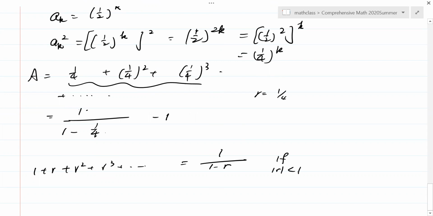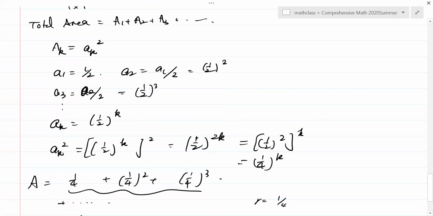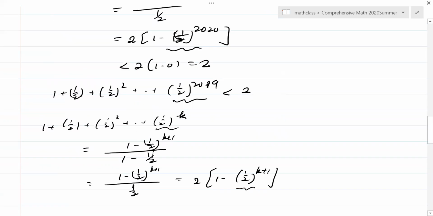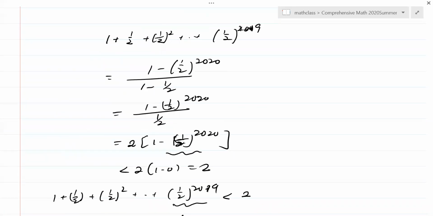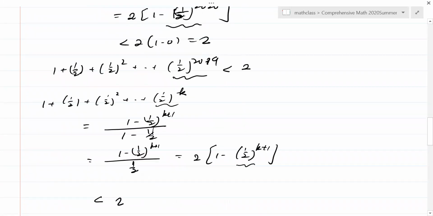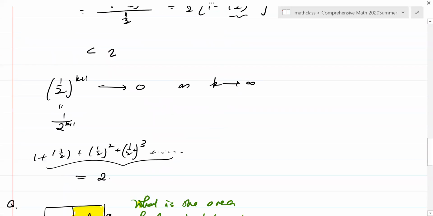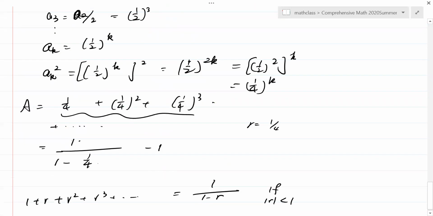Okay, and why do we get this? Let's go back. Take a look at this example. Now when k is sufficiently large, this term goes to 0, right? So it's just 1 over 1 minus r.